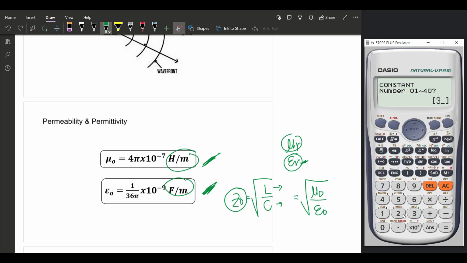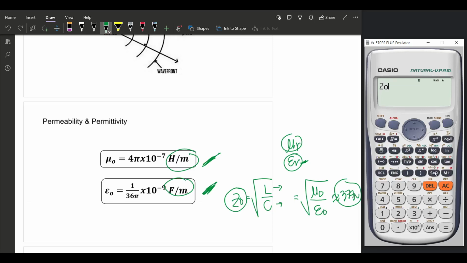So, the other one is constant number 32. We will get 376.73. This is approximately 377. So, constant kasi ang free space impedance. So, that is the constant. 377 ohms. So, I think constant din yan sa calculator. I think number 37 siya. Ayan. So, that is the ZO of the free space.